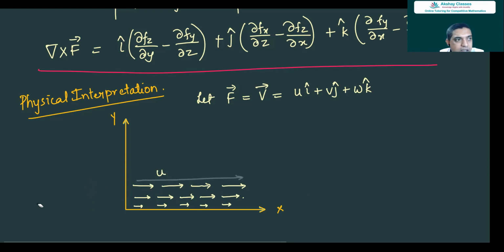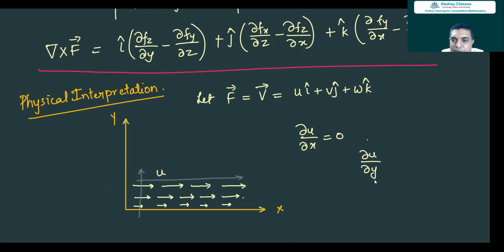The magnitude of velocity in the x direction is u. Now along the x direction, dou u by dou x is 0. No problem. But dou u by dou y: when I'm moving in the y direction, my velocity component u is increasing.